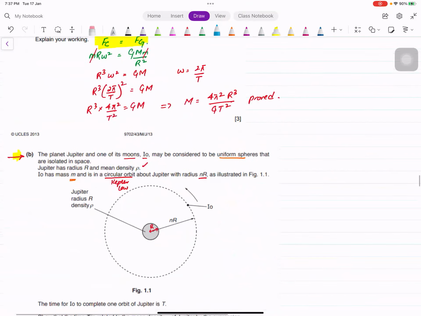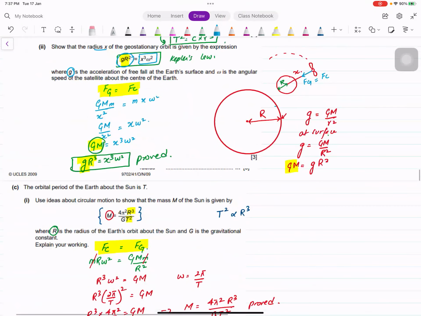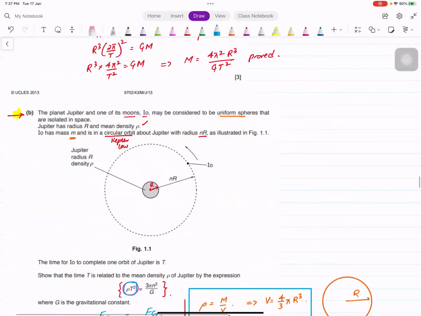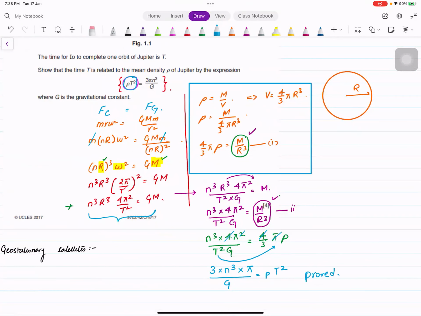Like from 2009, I took a question, and then in 2013 there was a question, and 2017 there's a question. Do you see the pattern here? I intentionally left some of them because they were repeated questions. So only these three questions will be there when it comes to derivation of Kepler's law, or the use of Kepler's law in the broader sense.